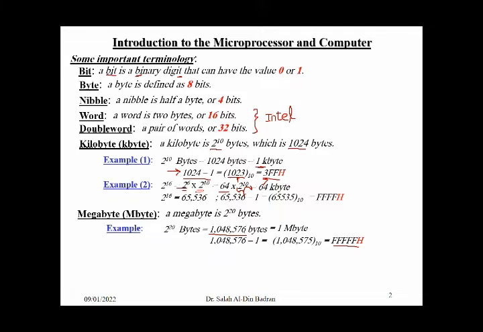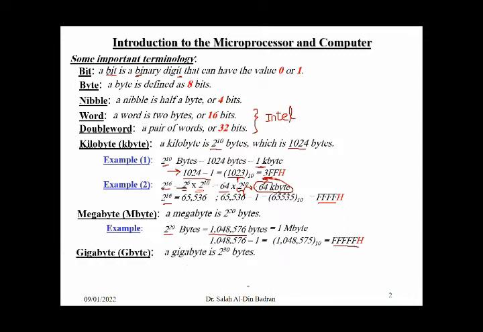You see, 1 kilobyte is 3FF. 64 kilobytes, which is 2 to the power 16, is 4 Fs. 2 to the power 20 is 1 megabyte, and 2 to the power 20 minus 1 is 5 Fs in hexa.